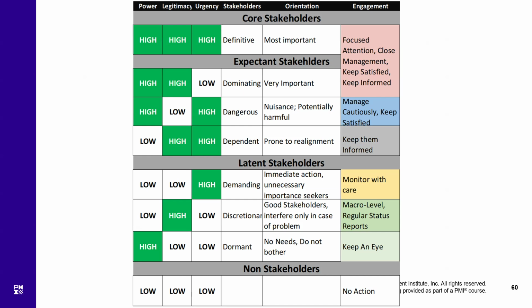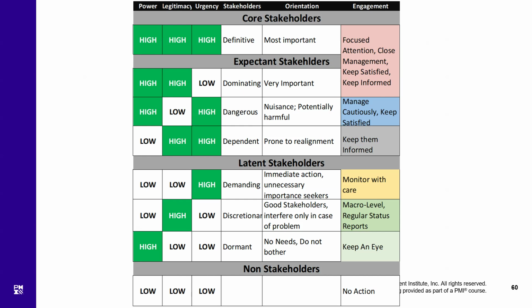Now let's look at the expectant stakeholders. The first one is dominating, which is high in power. The power means that orders initiate from this person. He is in control. Legitimacy: he has the legal authority as well. Whatever he wants to do, he has got high legal authority.